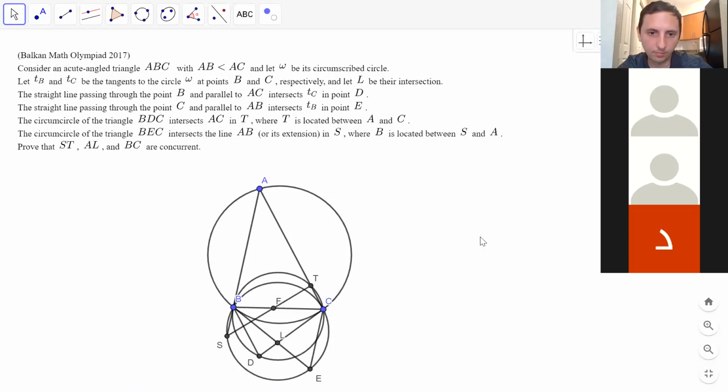Okay, so first we want to show the circumcircle of BDC is tangent to AC. Okay. So let me write this up.